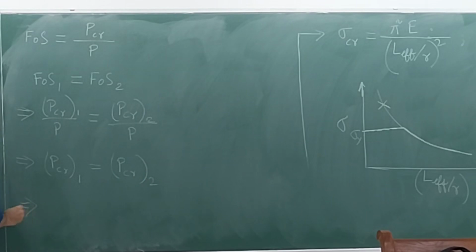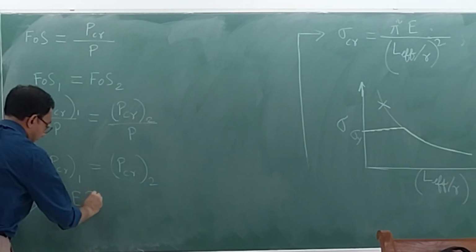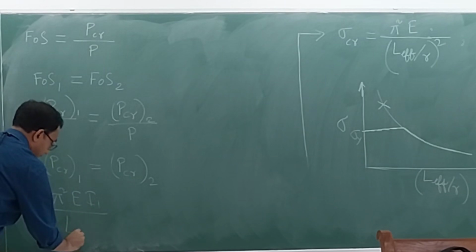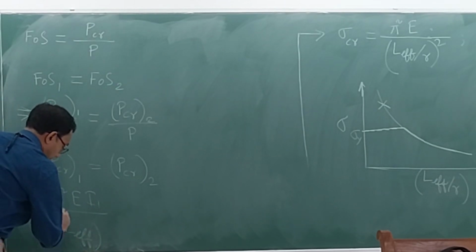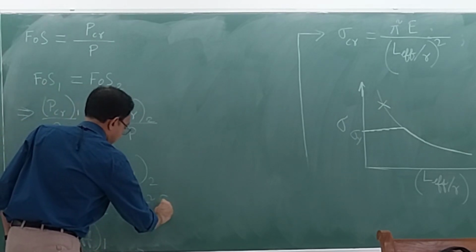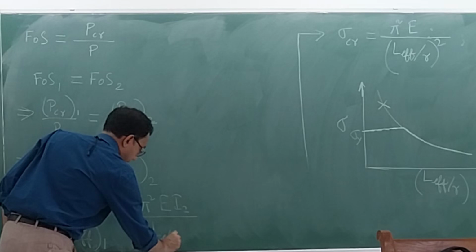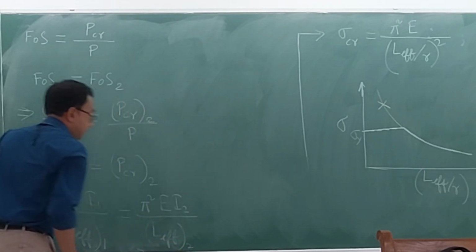Now P critical 1, we have already seen here what are the things. So pi square E I1 divided by L effective 1, and this is pi square E I2 divided by L effective 2.